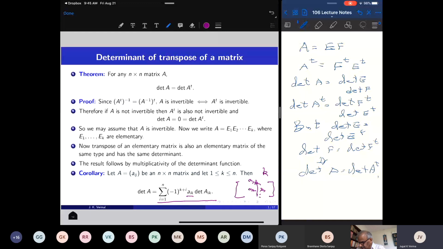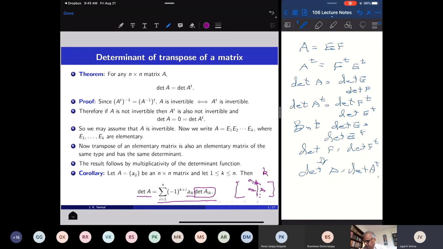Just look at the expression here: a_ik times this determinant of A_ik, which has (n minus 1) factorial terms, and there are n such terms. So n times (n minus 1) factorial. So the determinant of A is a sum of n times (n minus 1) factorial terms.